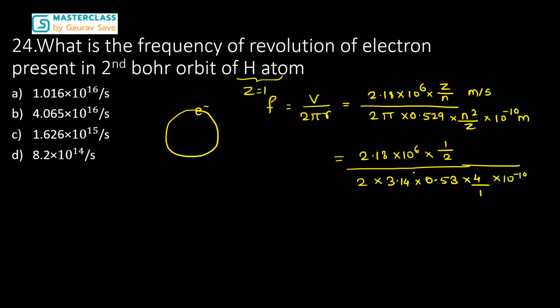So guys, 2 will get down and we'll get 4 into 2, 8. 8 into 2, 16. So 2.18 divided by 3.14. 2 into 4, 8. 8 into 2, 16 into 16 into 0.53.